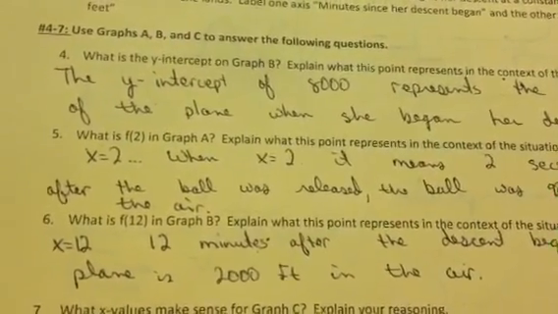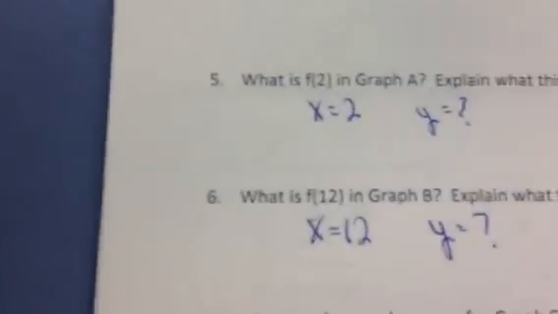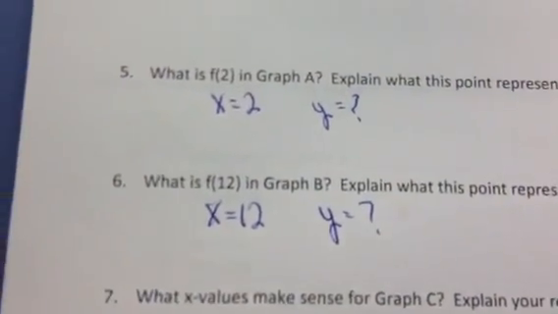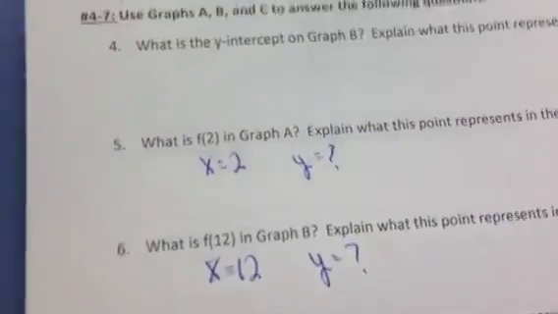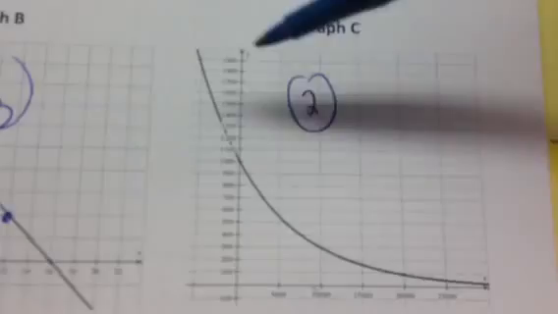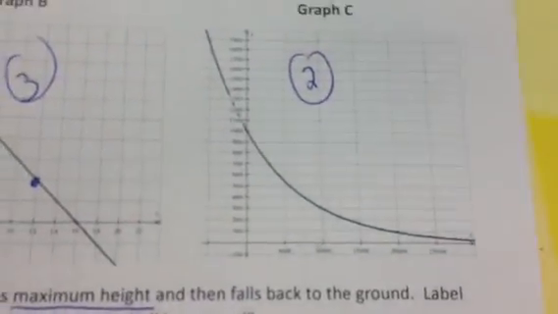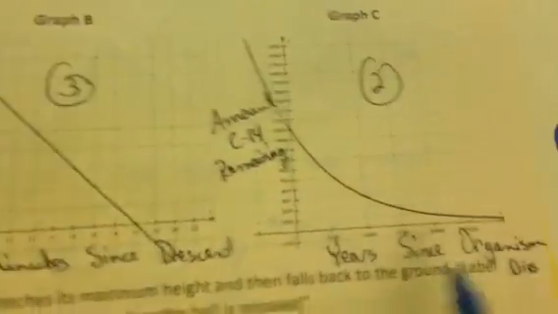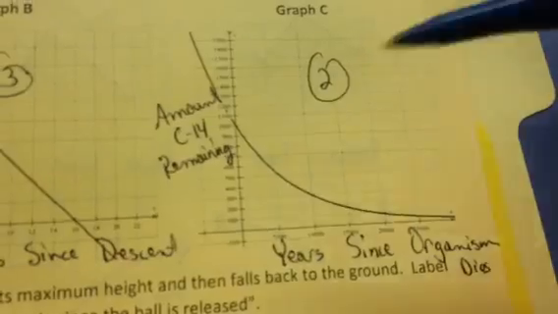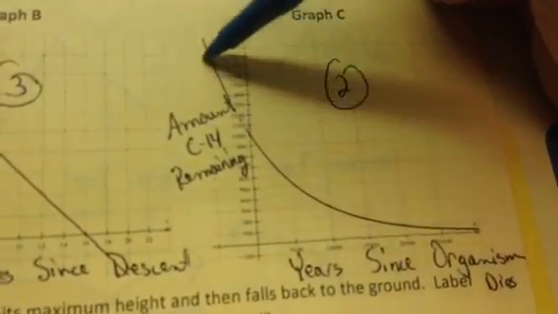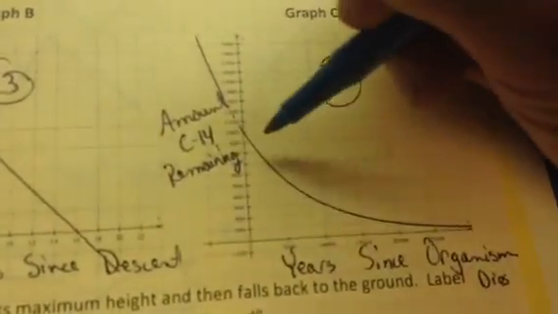Explain both of them. And then the final one, what x values make sense for graph C? So what x values? I don't need this whole graph. And so I'm actually going to go to my labeled graph. So this is years since the organism dies. I actually don't need this part because I'm not going to have negative time.